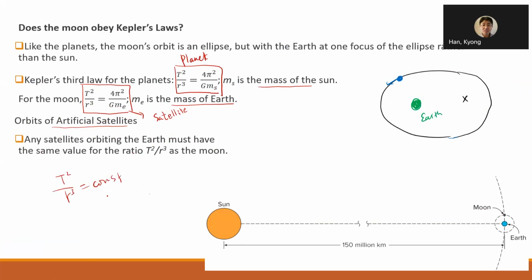This is 4 pi squared over G Me, where Me is the mass of the Earth, 5.98 times 10 to the 24 kilograms, and G is 6.67 times 10 to the minus 11. Always the same, so this must be constant, right?